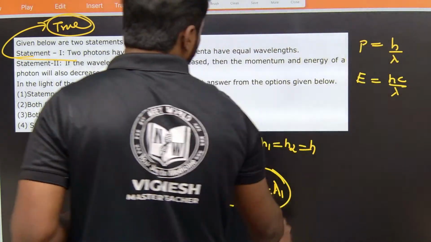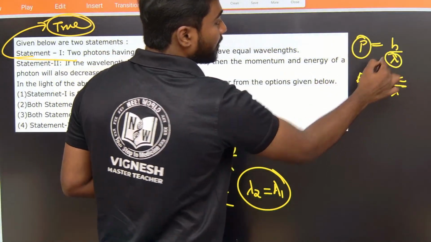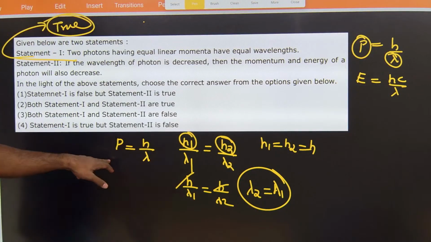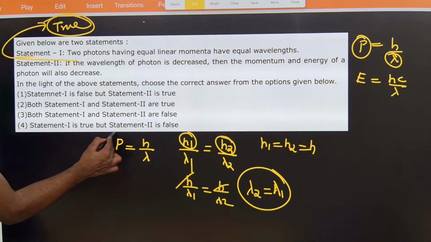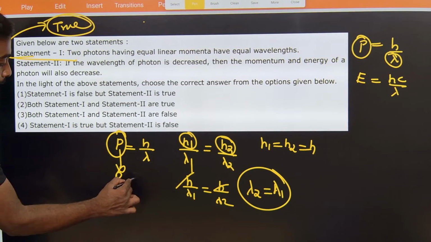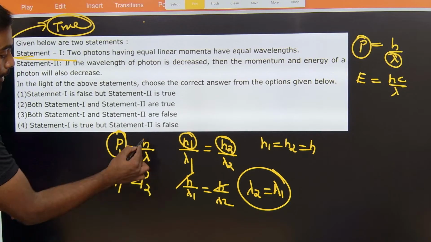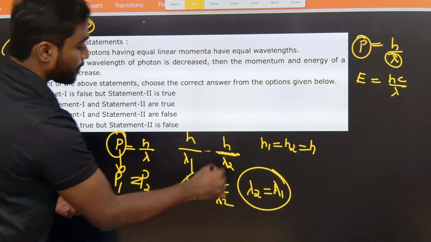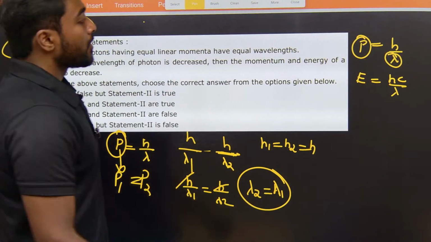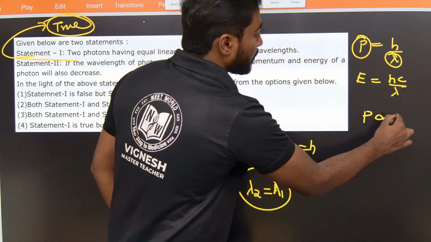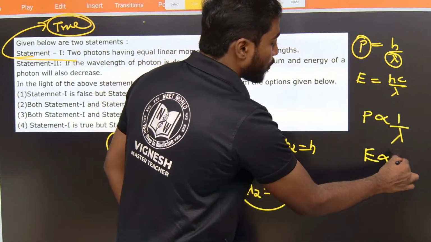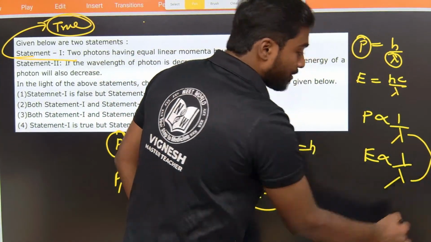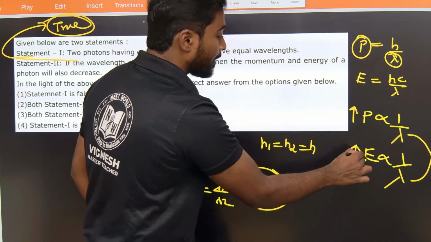If I see here, P is inversely proportional to lambda, and E is inversely proportional to lambda. Here I have taken P1 and P2 as equal, and h is the same. So when lambda decreases, P increases and E also increases.